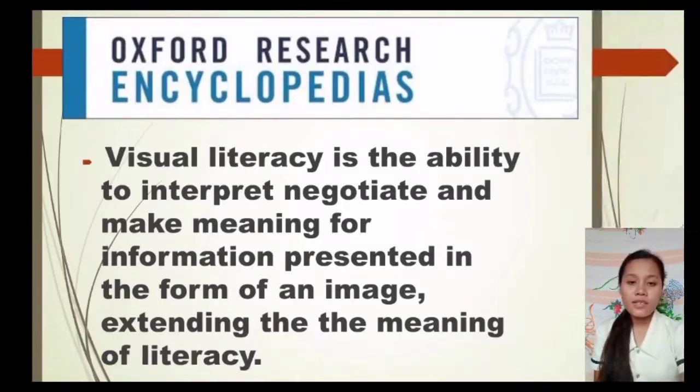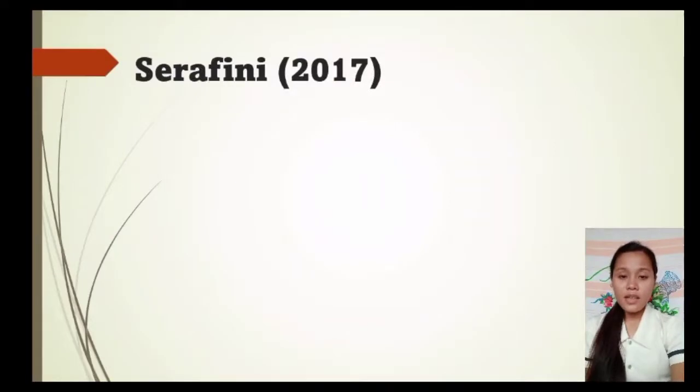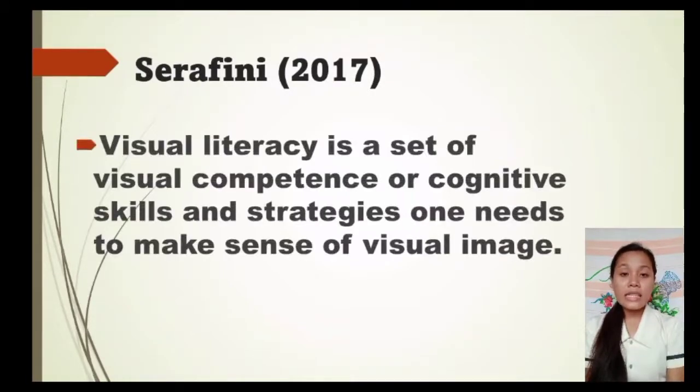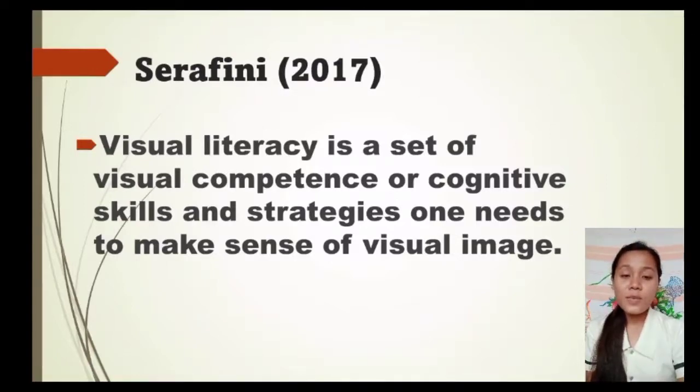and the meaning can be obtained through a reading process. Serafini in 2017 asserted that visual literacy is a set of visual competences or cognitive skills and strategies one needs to make sense of visual images. These visual competences were seen as universal cognitive abilities that were used for understanding visual images regardless of the context of production, reception, and dissemination.